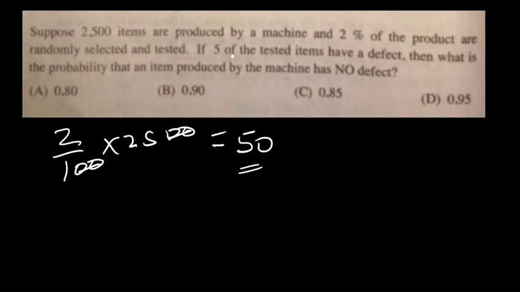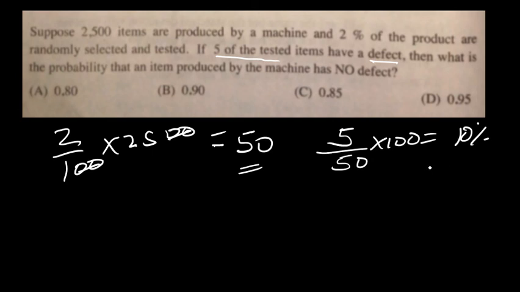From the 50, if 5 of them are tested defective, we can find the percentage: 5 out of 50 times 100 is 10%. So what is the probability that an item produced by the machine has no defect? No defect means it's 90%. The defect is 10%.